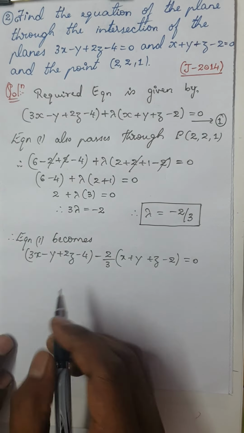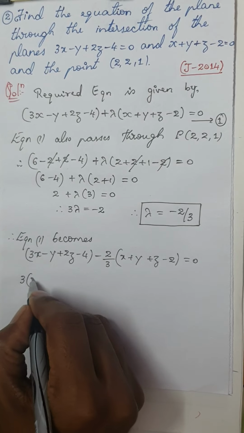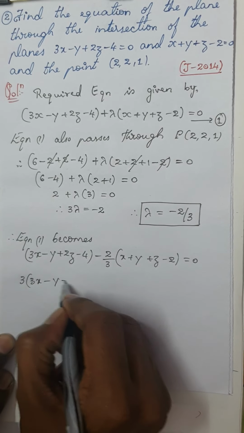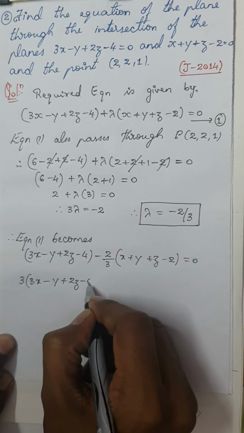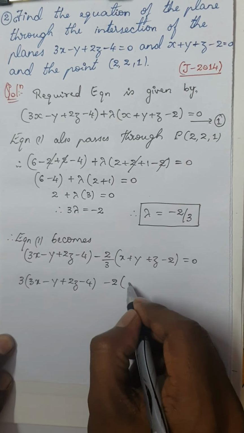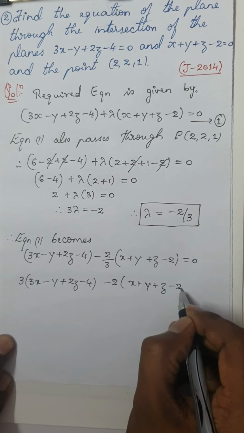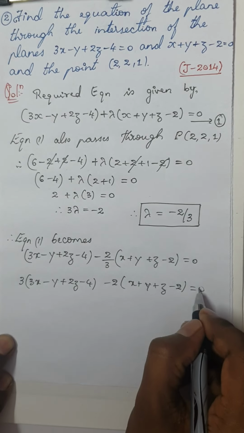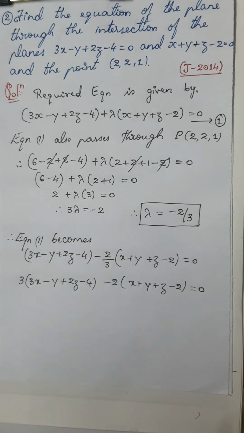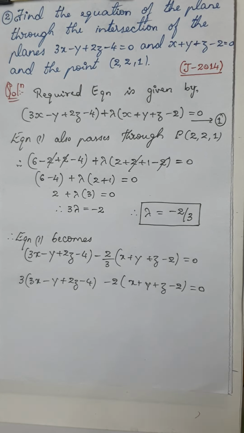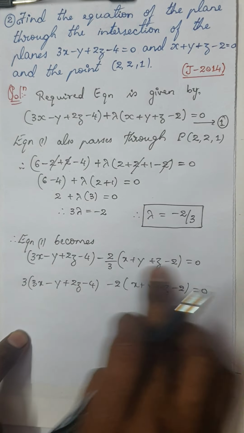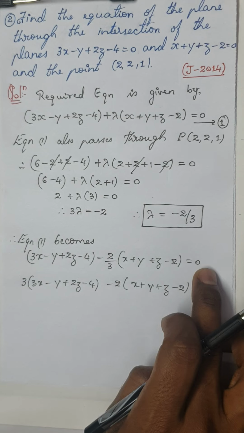Okay, let us multiply throughout the equation by 3. You get 3 into 3x minus y plus 2z minus 4 minus 2 into x plus y plus z minus 2 is equal to 0. Okay, let us simplify this. Remember, if it is a 2 mark question, even if you stop here, you will get 2 marks completely.